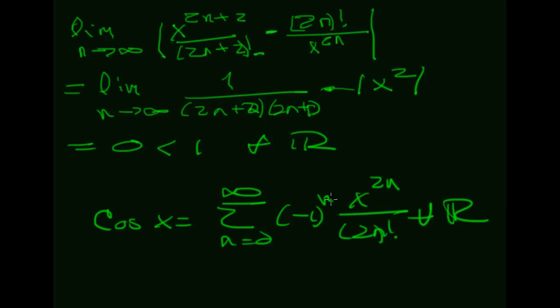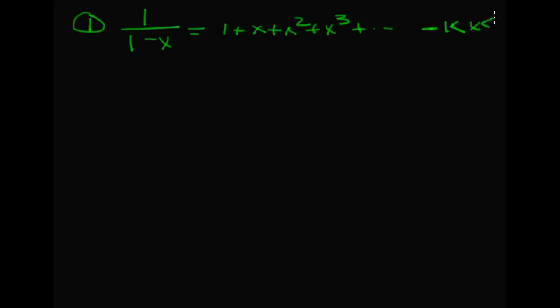All right, so let's summarize our four. These four series that you have to memorize are actually surprisingly alike. This one just becomes like the natural polynomial terms, 1 plus x plus x squared plus x to the third, and so forth and so on. But remember, it's only good on negative 1 to 1.